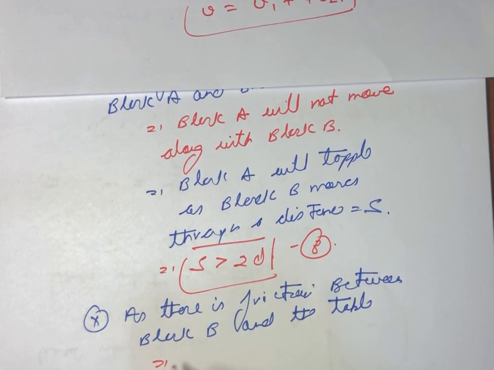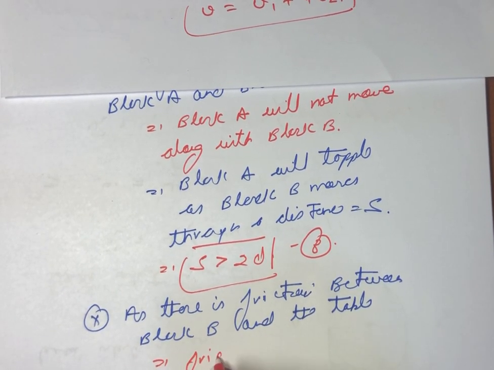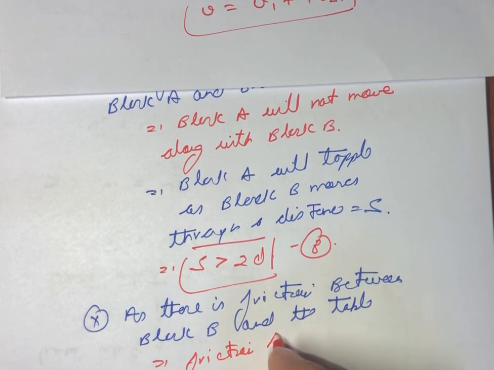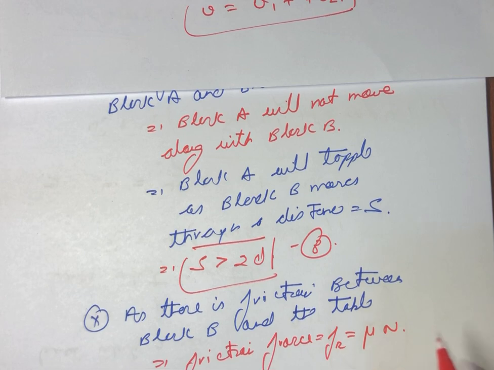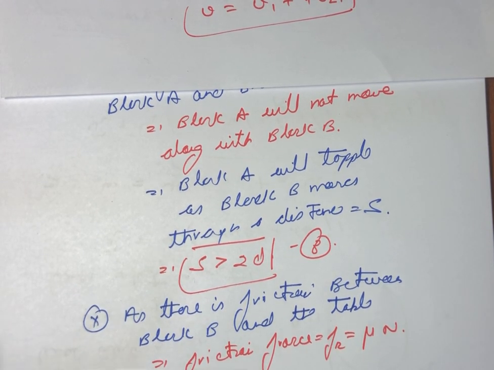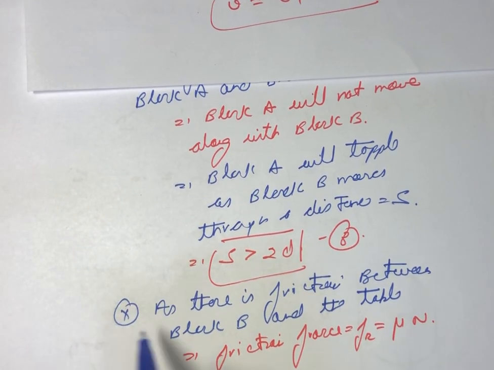Therefore, the frictional force is Fr, which will be equal to mu times the normal, and we can find the value of normal.